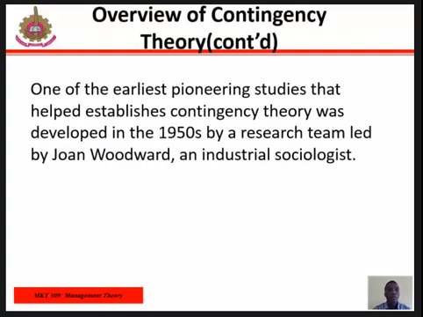One of the earliest pioneering studies that helped establish contingency theory was developed in the 1950s by a research team led by Joan Woodward, an industrial sociologist. In the study, 100 British firms with different sizes and product lines were studied to determine whether the better performing companies adhere more closely to classical principles such as unity of command than did companies with average or below average performances.